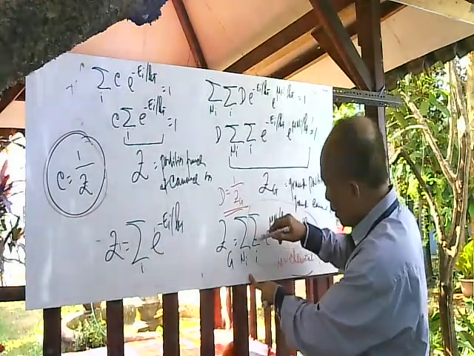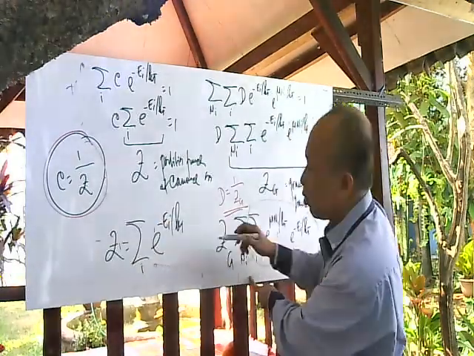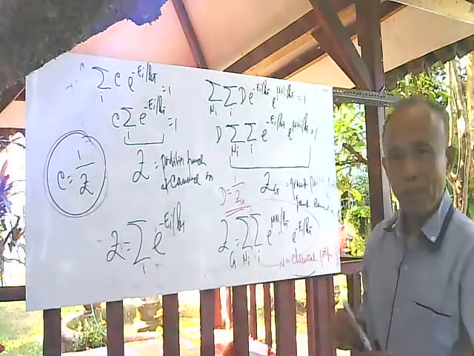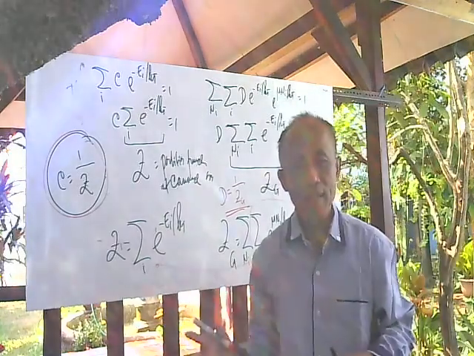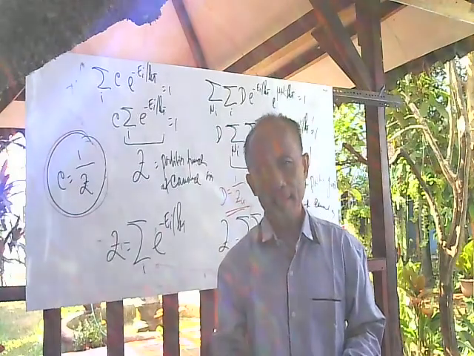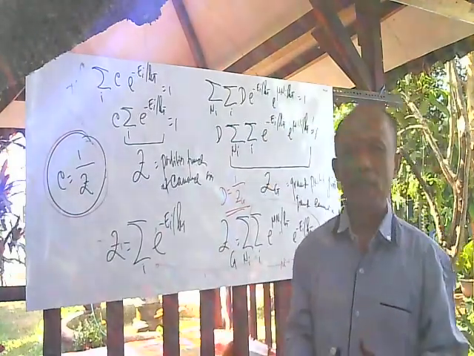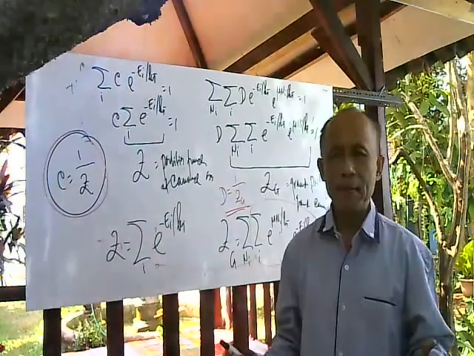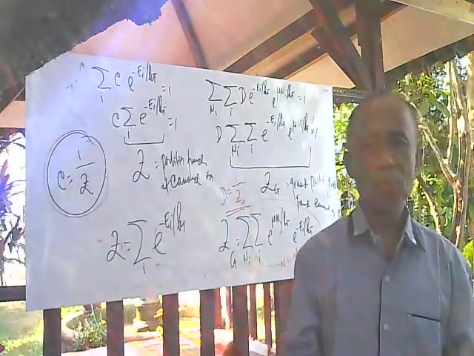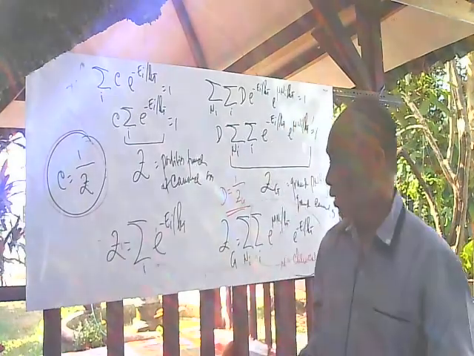That means the result will be the same as this one, the canonical assembly. So we prove here that when the number of particles is constant, the partition function of the grand canonical assembly becomes similar to the partition function of the canonical assembly.